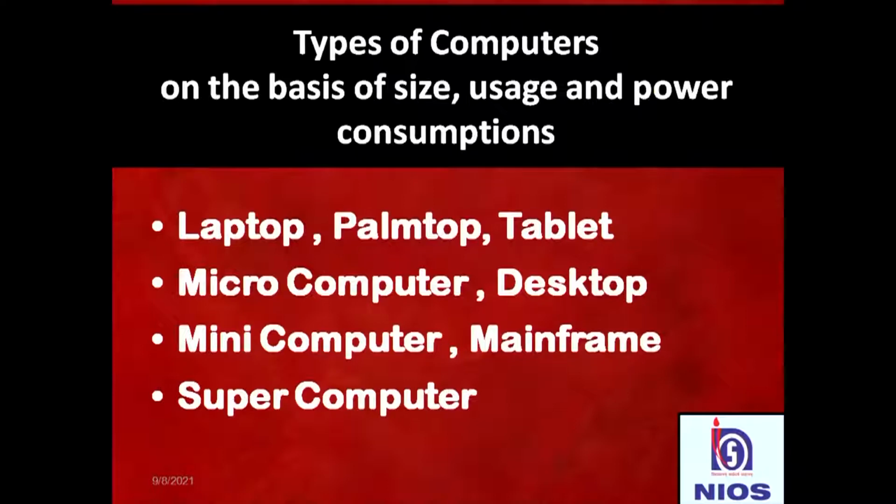Now on the basis of size, usage and power consumption, there are different types of computers available, such as laptop, palm tops, tablets, microcomputer, mini computer, desktop, mainframe and supercomputer. These are the various types of computer depending on usage, power consumption and size.